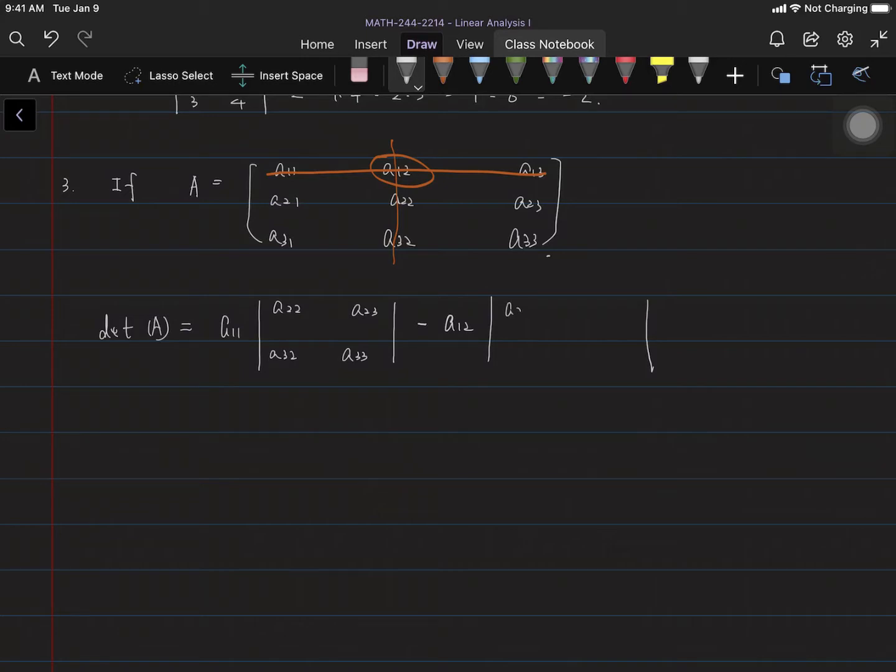So it's going to be A21, A23, A31, A33, and the last number is A13 times, take off the row and the column with A13, what's left? So it's going to be A21, A22, A31, A32, something like this. Okay, this is the definition for 3 by 3.